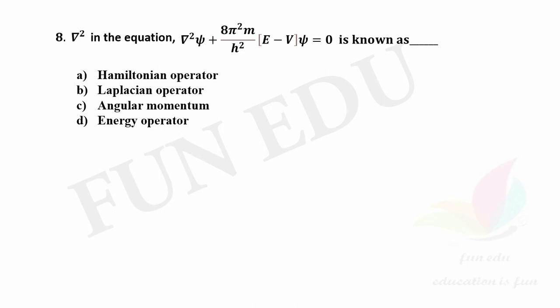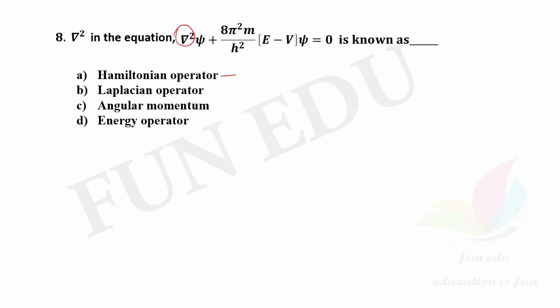Yes. So the next problem says: del square in the equation, that is del square psi plus 8 pi square m divided by h square into (E minus V) into psi is equal to 0, is known as. So what is this particular term in this equation known as? That is what they are asking. This one we have already studied. What is a Hamiltonian operator?